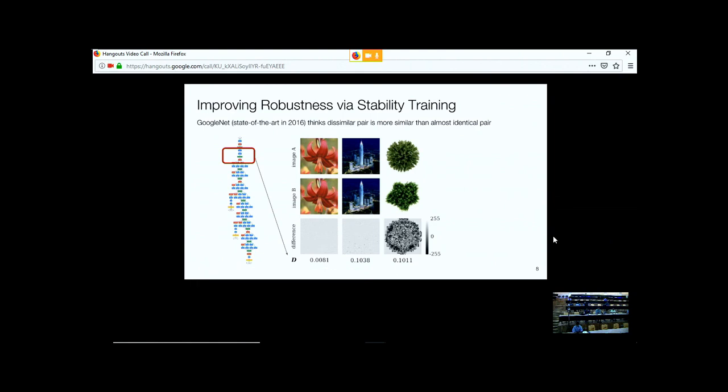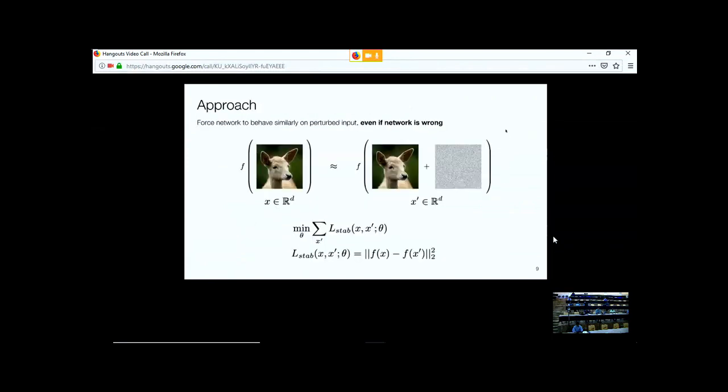But if you take these very visually dissimilar images of these plants, the difference in feature space is smaller than the difference between this pair in feature space. So this plant actually looks more similar than this pair of images, the blue ones in the middle. This is another example of why neural networks make a lot of mistakes that are not very natural.